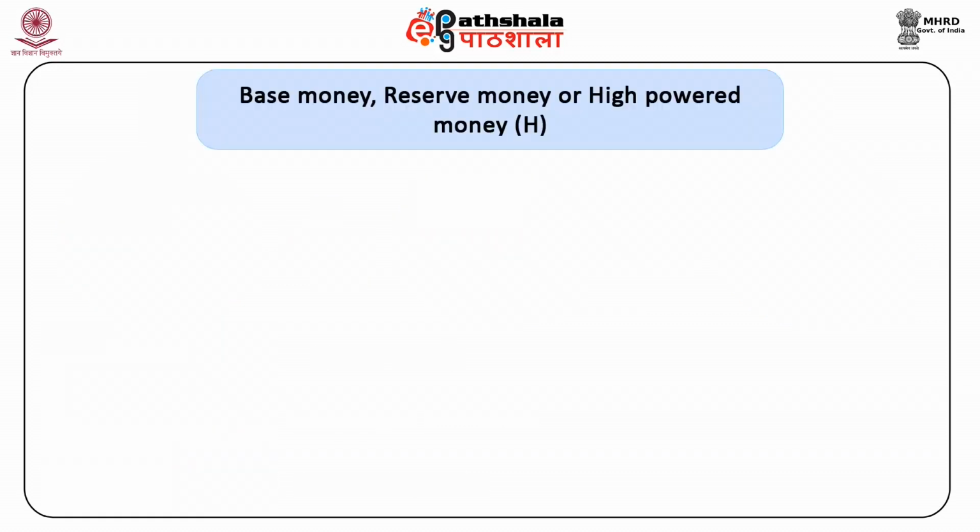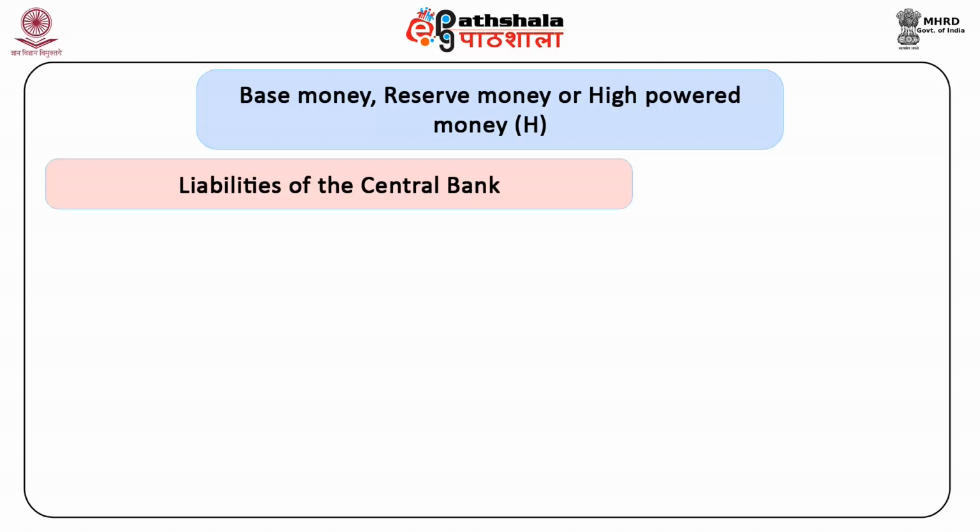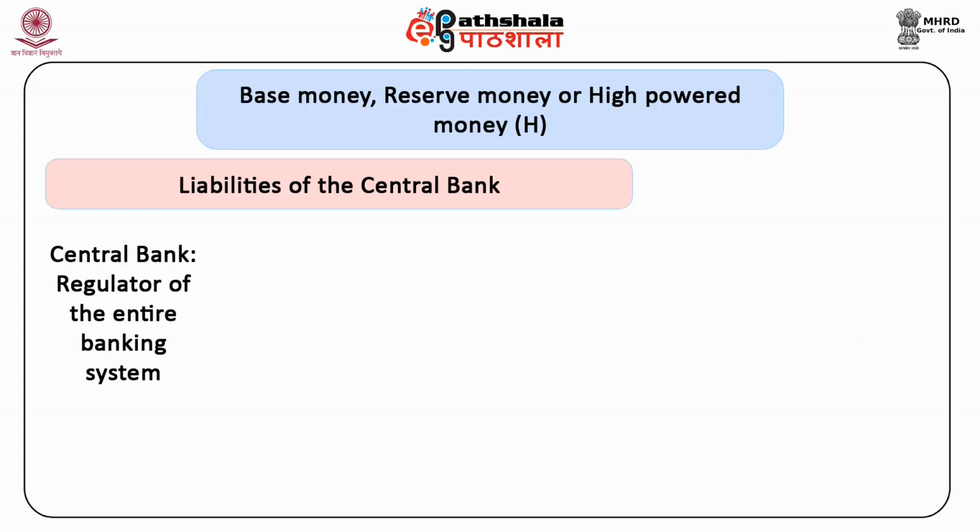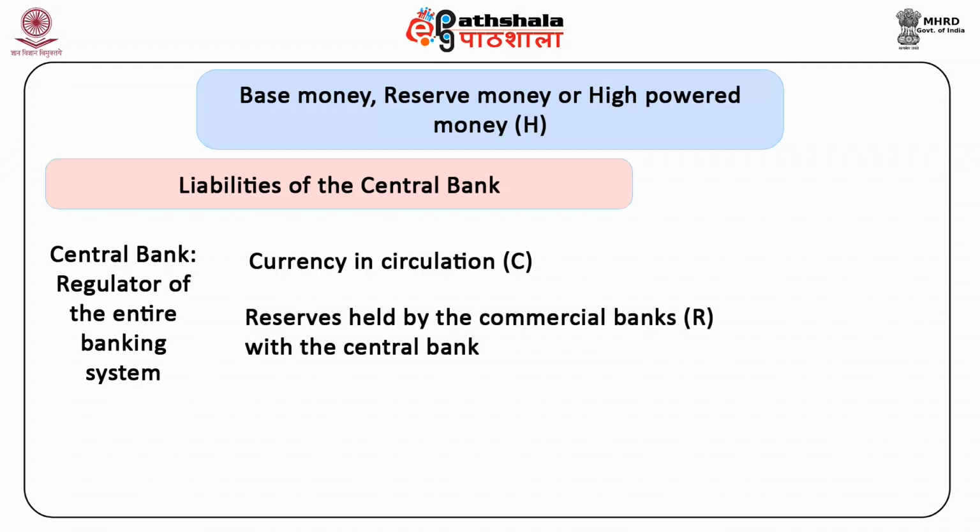We now define the concept of base money, also known as reserve money or high-powered money, H. The liabilities of the central bank are known as high-powered money. The central bank is the regulator of the entire banking system, and its liabilities consist of the currency in circulation C and the reserves held by the commercial banks R with the central bank.